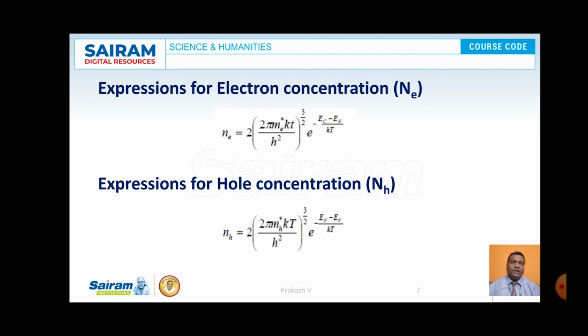This is also an expression that you have to remember for the exam. There is no derivation for the hole concentration Nh. So this covers the expressions for electron and hole concentration. Thank you.